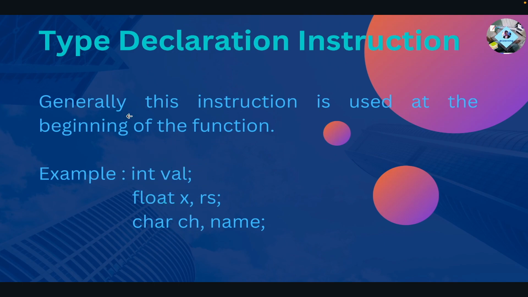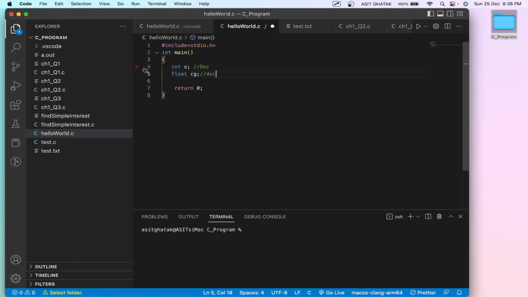Generally we write them at the beginning of the function, right? First of all, we declare the variables, then we use them and we calculate our necessary things, right? At the top of the function, it can be main, it can be any other function also.